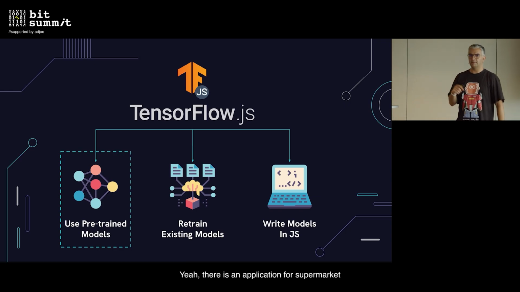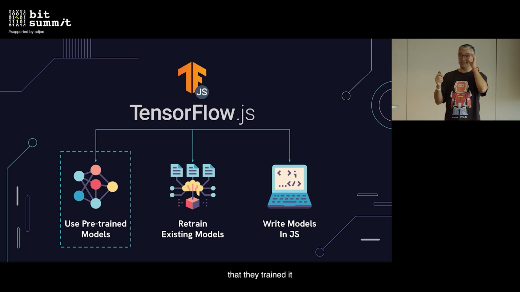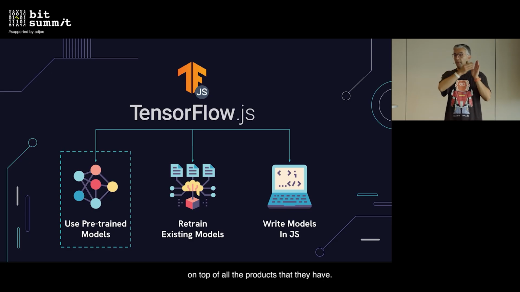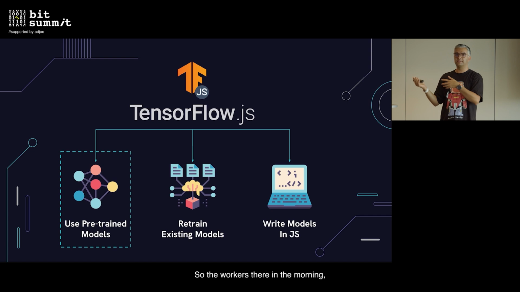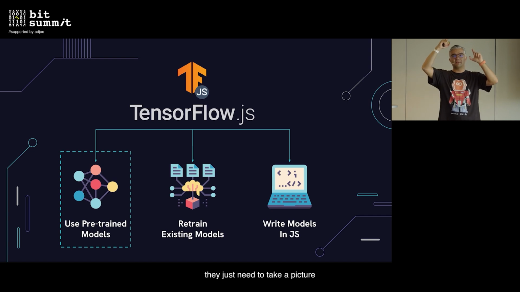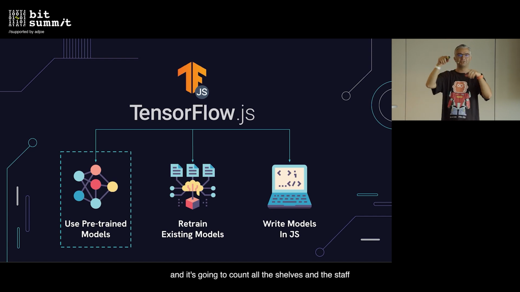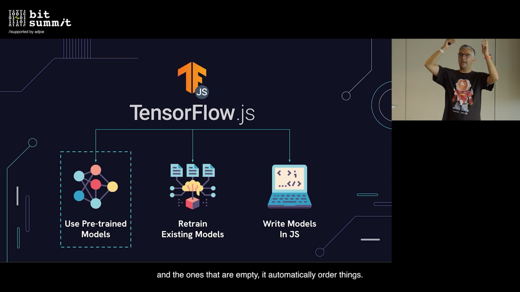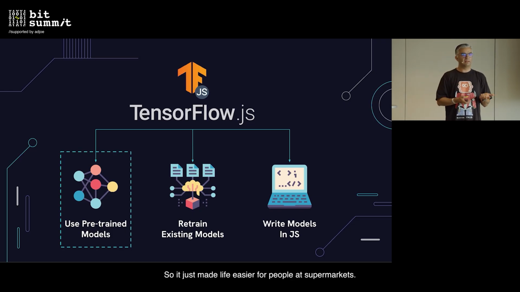For instance, there is an application for supermarkets that they trained on top of all the products that they have. So the workers there, in the morning, they just need to take a picture and it's gonna count all the shelves and the stuff, and the ones that are empty, it automatically orders things.